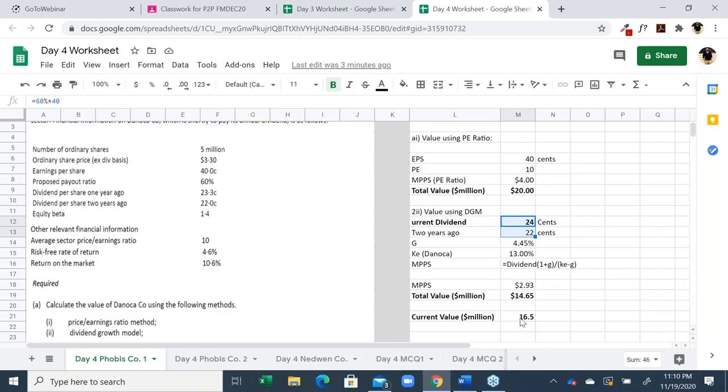That's why they are valuing the share at a higher price. So one of the reasons why the existing price of the share is higher than the growth model share price is the growth rate. Maybe the investors in the market expect a higher growth rate than we have used in the dividend growth model.